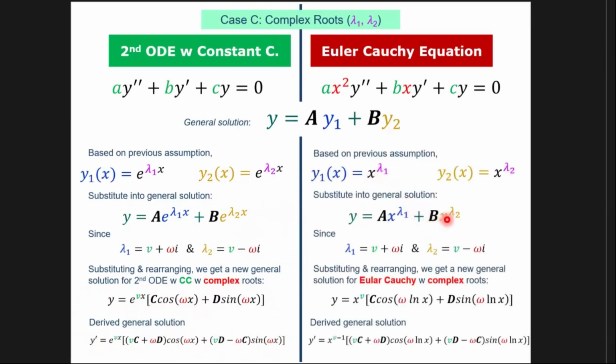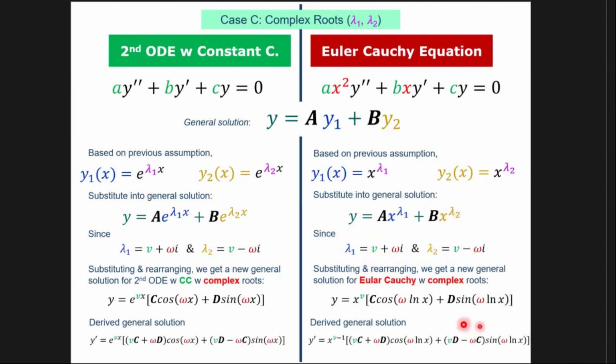Similarly, for the Euler-Cauchy equation, we have different y1 and y2 substituted into the general solution, and we substitute the V and W terms into the general solution.